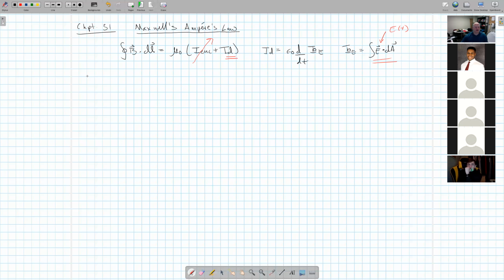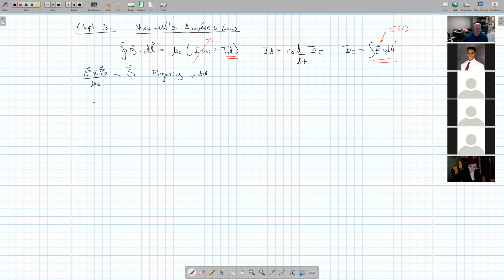Good. So from here, we also looked at the Poynting vector. We said that the Poynting vector is the electric field crossed with the magnetic field divided by mu naught, which is equal to S, where S is what's called the Poynting vector. Remember, the Poynting vector tells us the direction of propagation, and it also tells us the intensity.